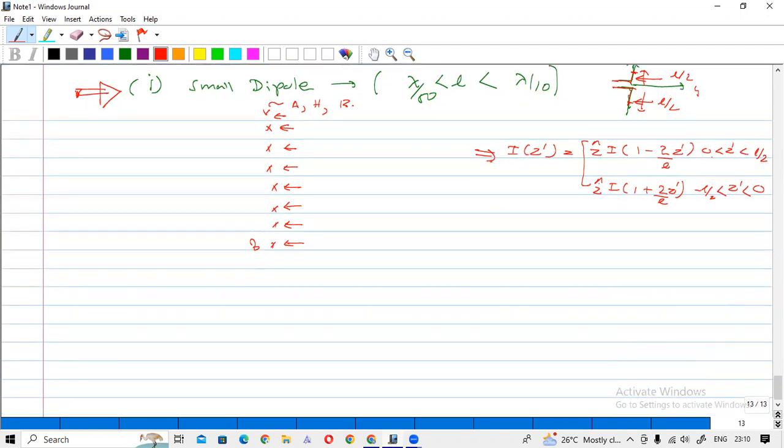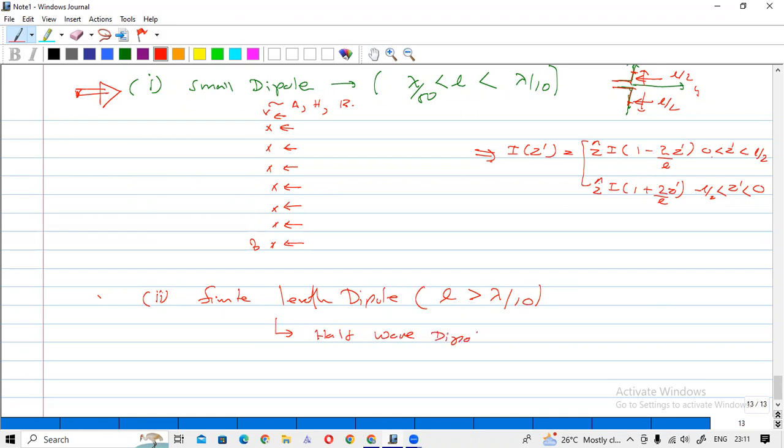And there is another dipole that is called the finite length dipole. For that, L should be greater than lambda by 8, lambda by 10. We have talked about it and done some practicals using the half wave dipole.